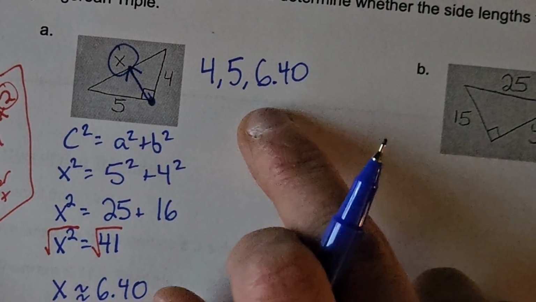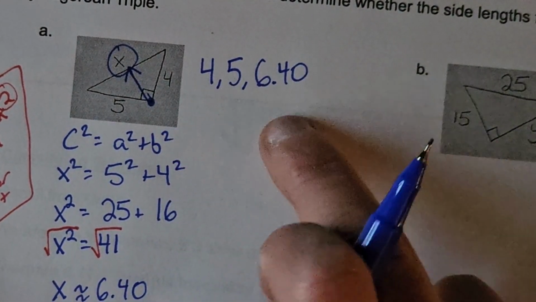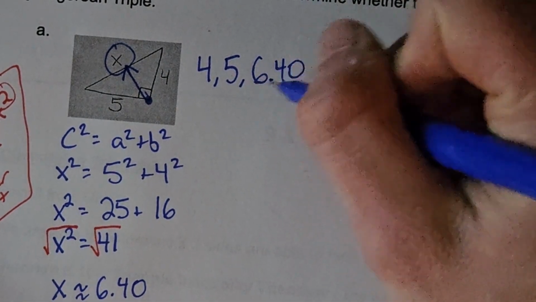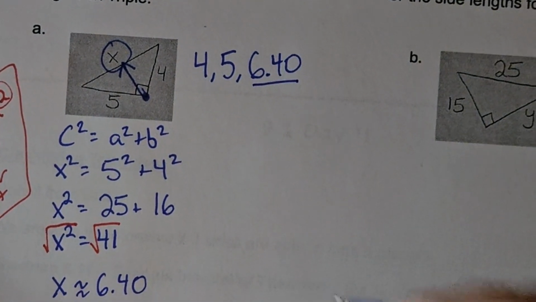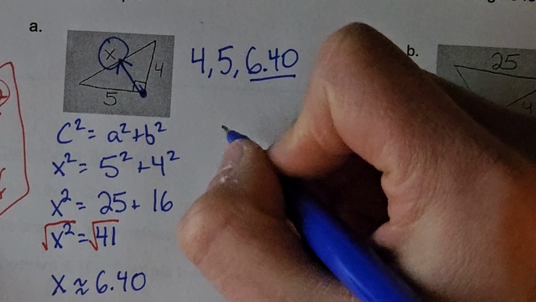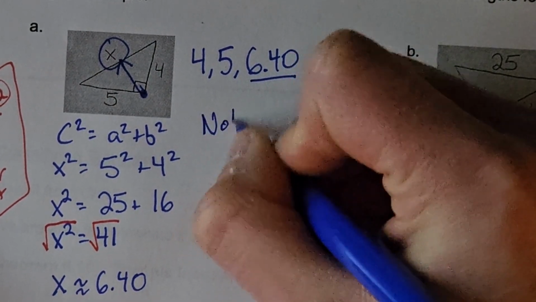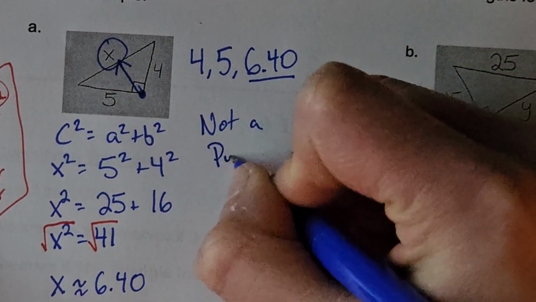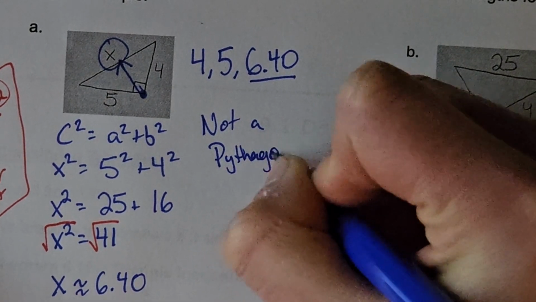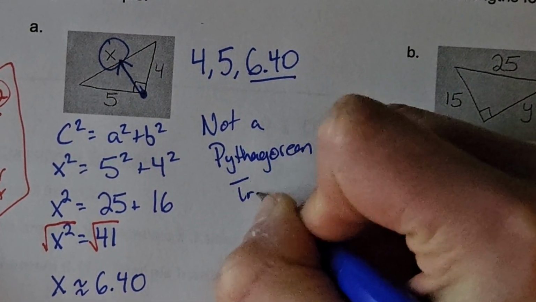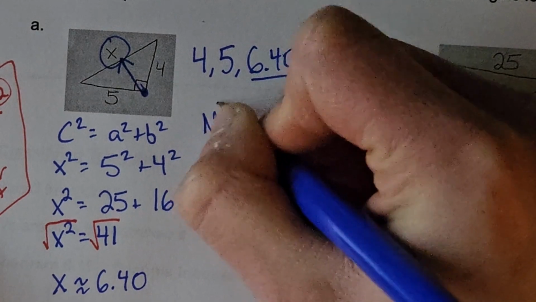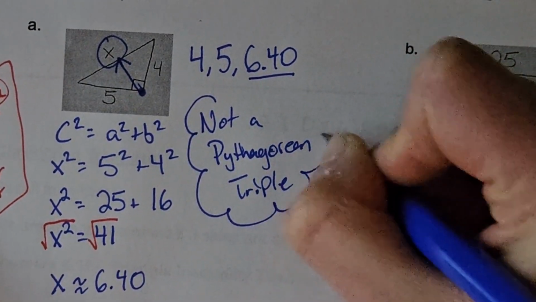What I have here is a 4, a 5, and a 6.4. This 6.4 is a decimal. So that means I have no Pythagorean triple. So I'd write not a Pythagorean triple, and that would be our final answer.